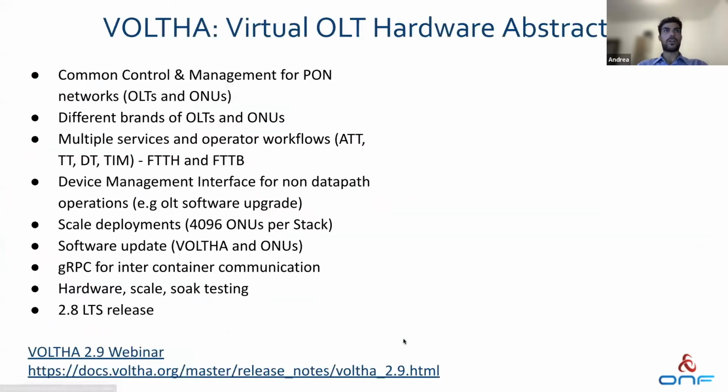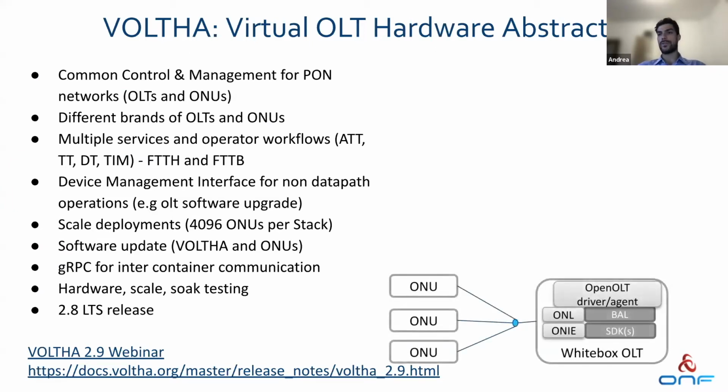And in particular, we are going to talk about VOLTHA. So VOLTHA is the virtual OLT hardware abstraction, and it all starts at the bottom with a set of ONUs connected to a PON tree that has the other end on an OLT. That OLT is usually a white box OLT, but it also comprises gray box OLTs that have different software on them.